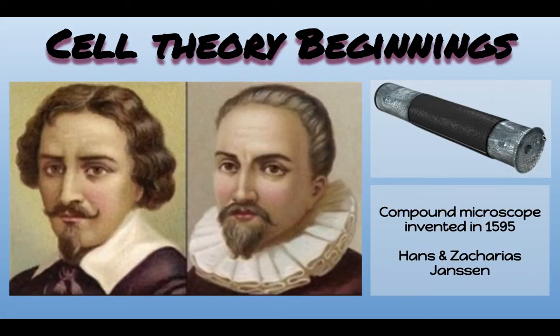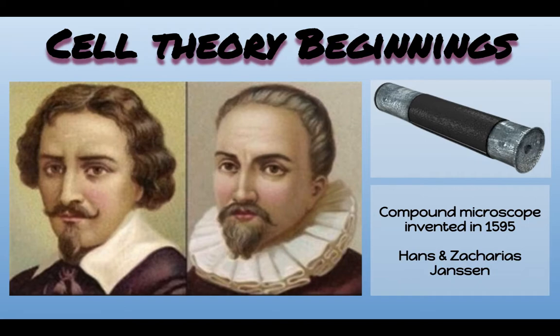So at the very, very beginning of cell theory, we have these two guys, Hans and Zacharias Janssen. Hans was Zacharias' father, and they were Dutch spectacle makers. Spectacle makers is making glasses, right?